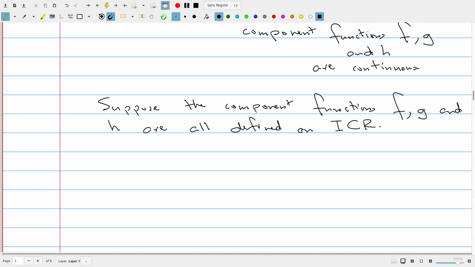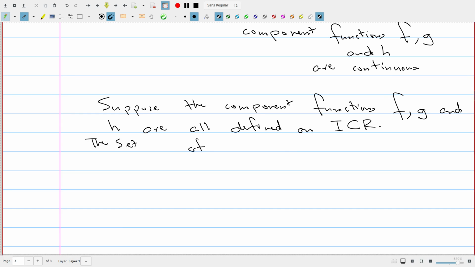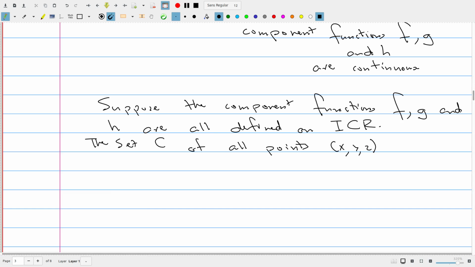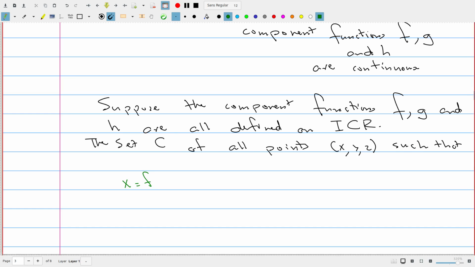Let the set C be the set of all points (x, y, z) such that x equals f of t, y equals g of t, and z equals h of t.